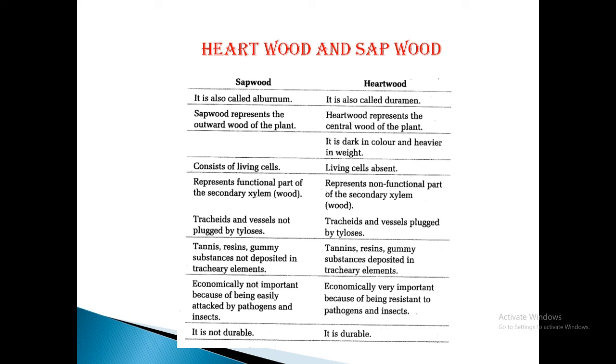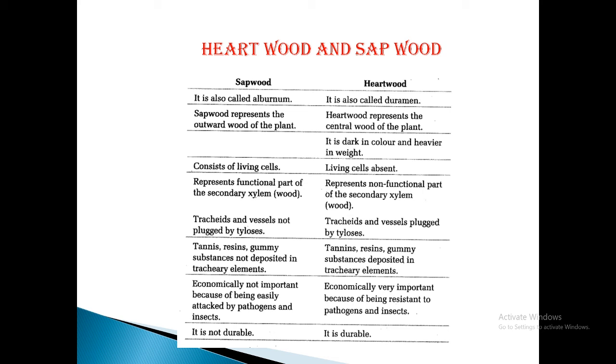Generally, vessels are not plugged in sapwood, and in heartwood usually vessels remain plugged with tyloses. Sapwood performs the physiological activities such as conduction of water and nutrients and storage of food material. In heartwood, the function is not conduction. It gives only mechanical support to the stem.